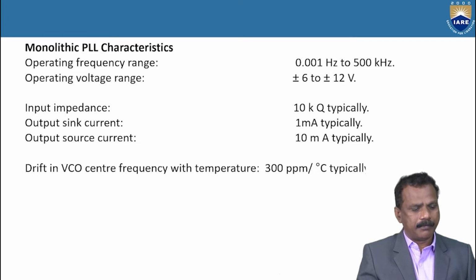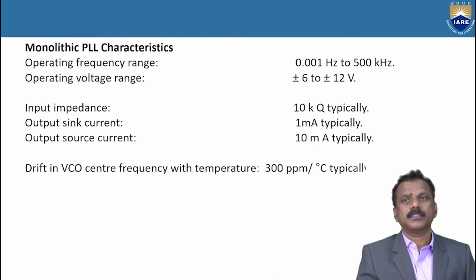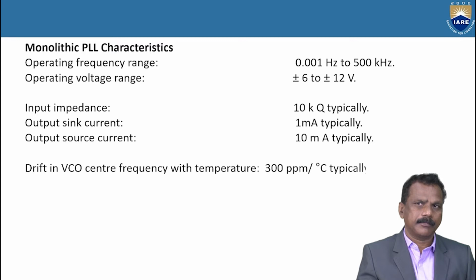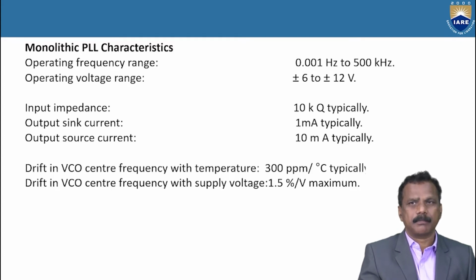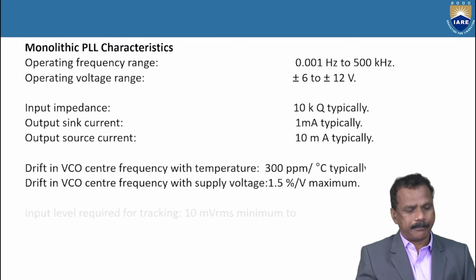The drift in VCO center frequency with temperature is 300 ppm per degree centigrade typically. The drift in VCO center frequency with supply voltage is 1.5% per volt maximum.